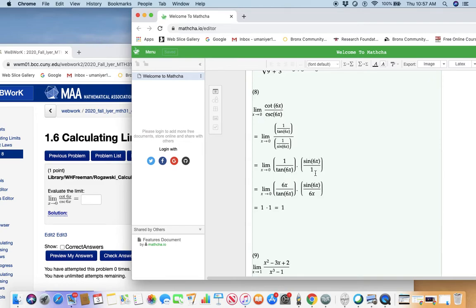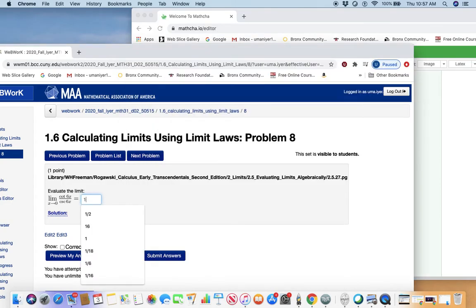Did I change my expression? No, because 6x above, 6x below, the expression is the same. Fortunately, this limit now approaches 1 and this limit approaches 1. Why? The object inside goes to 0 and the same thing divides it. Likewise for the tan part. So the answer is 1.